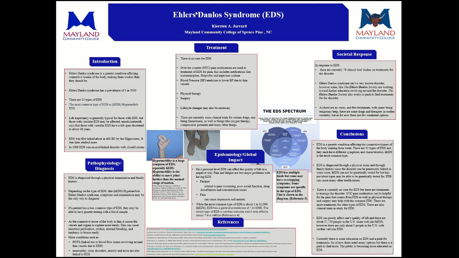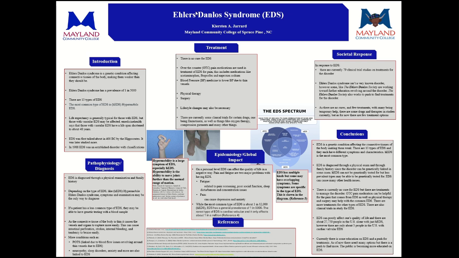Since hypermobile EDS is the most common type, I have a list of symptoms that somebody with hypermobile EDS may have. The other kinds of EDS may also have these symptoms, and then other symptoms as well. They have things like joint hypermobility, unstable and loose joints that can dislocate, joint pain or joints that click, fatigue or extreme tiredness, easily bruising skin, digestive problems.